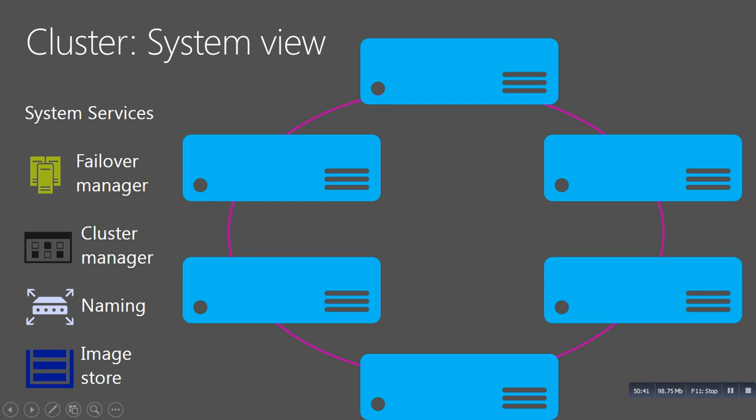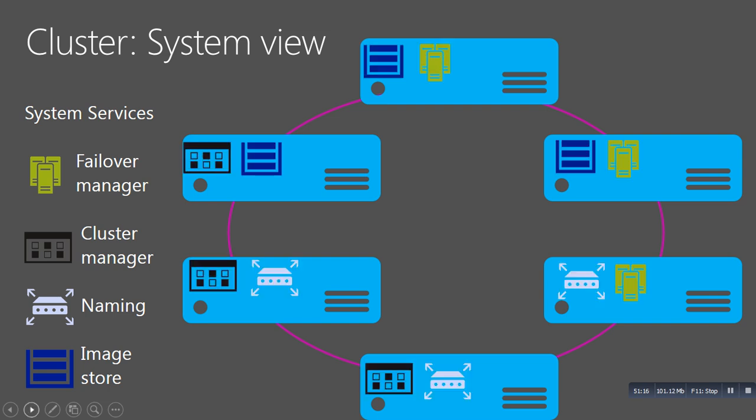So these are the top-level system services, and these services will run on at least a subset of nodes. At least three replicas of these services will be scattered across the cluster. For example, failover manager and cluster manager run on three nodes. Similarly, the naming service also runs on three nodes. Image store is also running on three nodes.